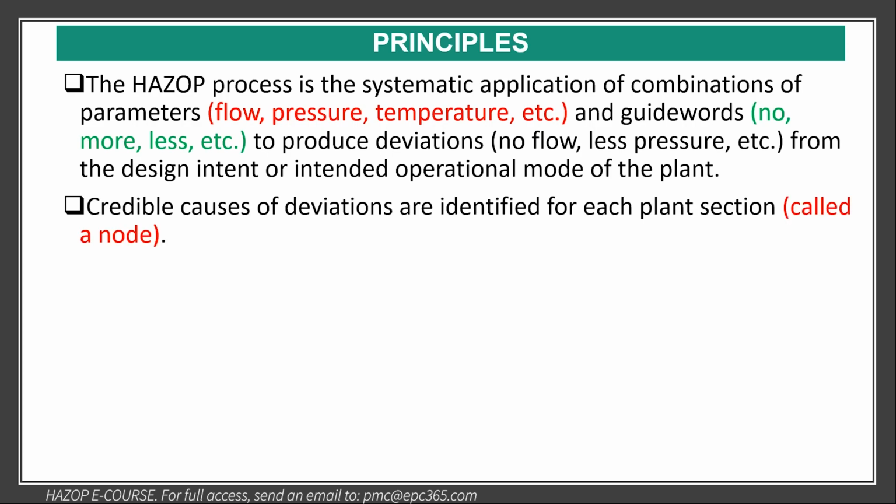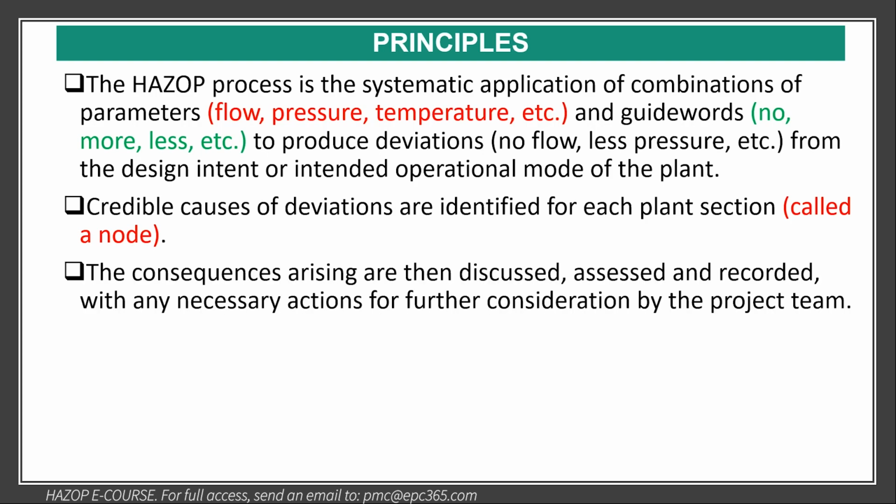So credible causes of the deviations are identified for each plant section, we call them nodes. I will discuss it later. And the consequences are discussed and assessed and recorded with any necessary action for further consideration by the project team.